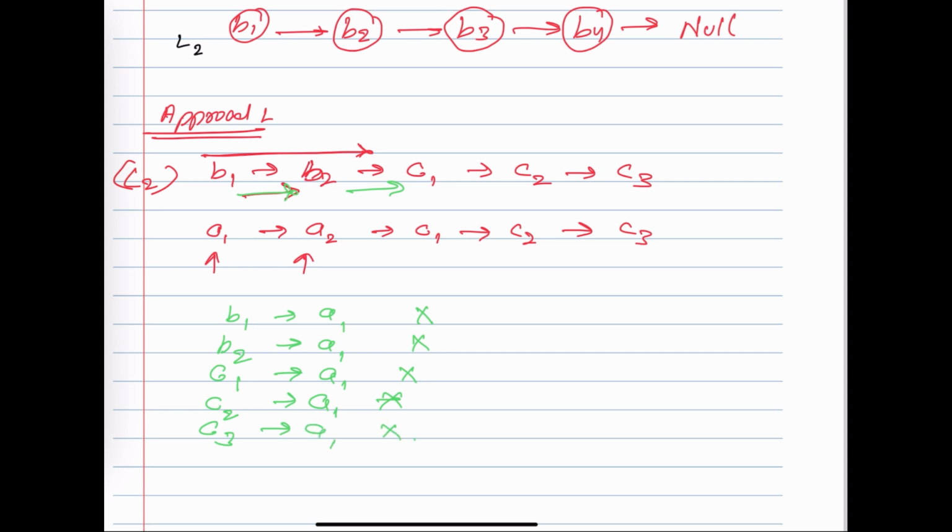So again we'll come back to B1 and then compare with the next node from the other linked list. So we will compare B1 with A2, which is not equal, B2 with A2, which is not equal, and C1 with A2, which is not equal, C2 with A2, which is again not equal, and C3 with A2, which is again not equal.